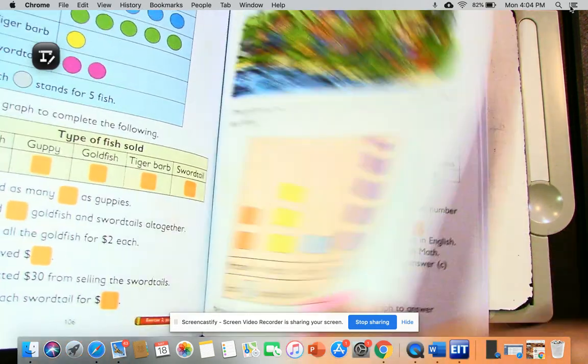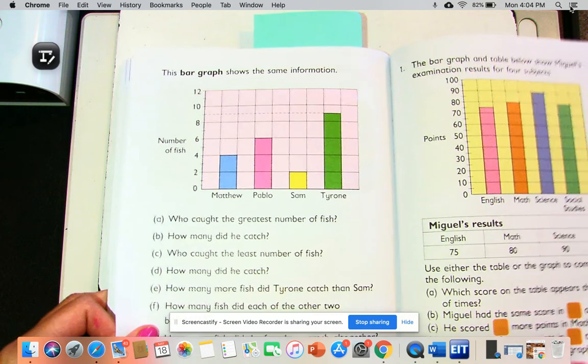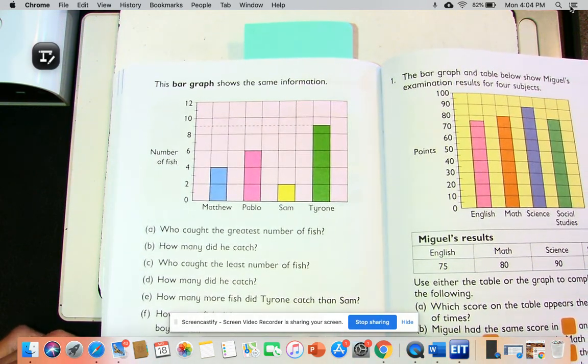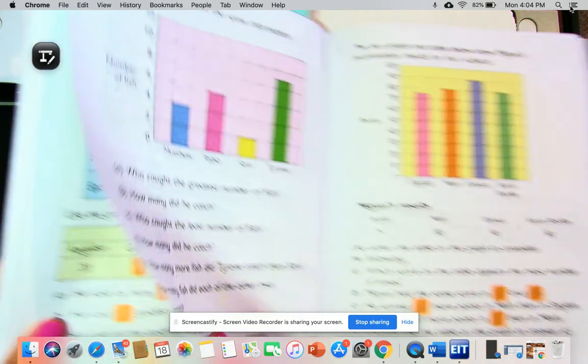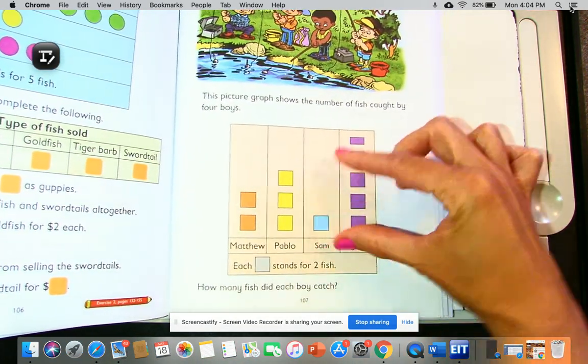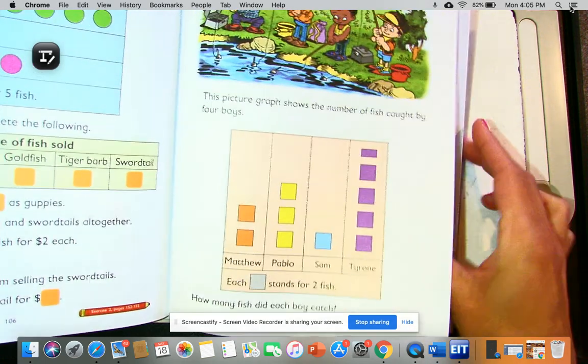All right. And so here, this bar graph shows the same information as we have on this page, but what they've done is squish them together to make each of these a bar.